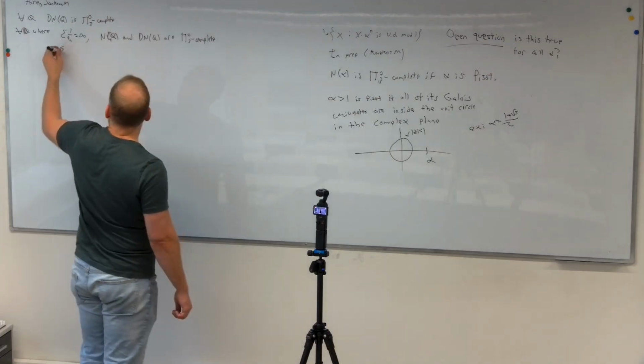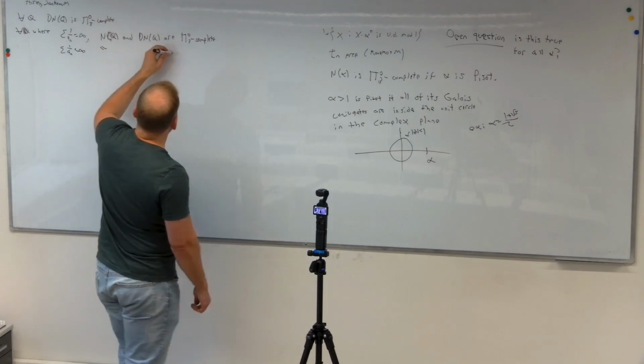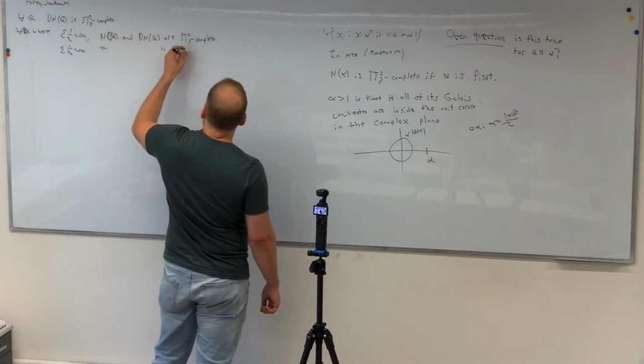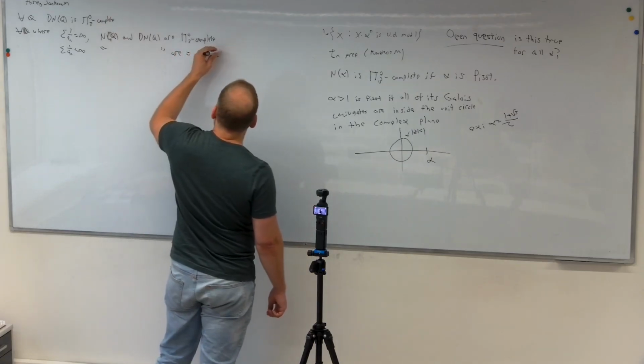And if the sum of 1 over Q_n is finite, then these are just equal to the set of real numbers, which is clopen.